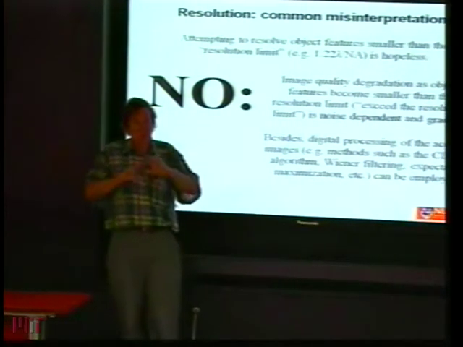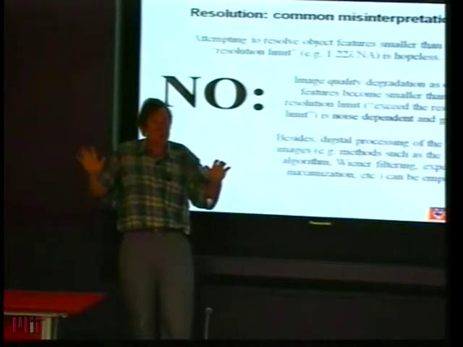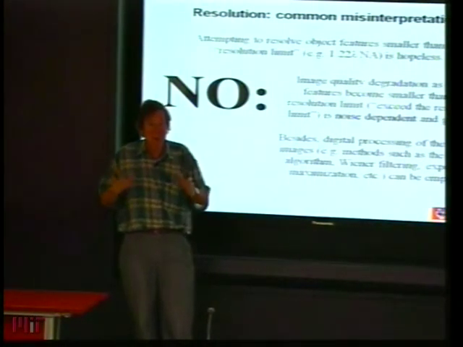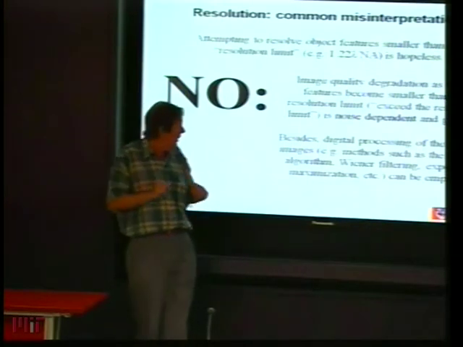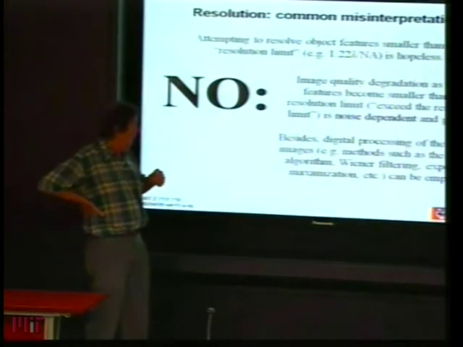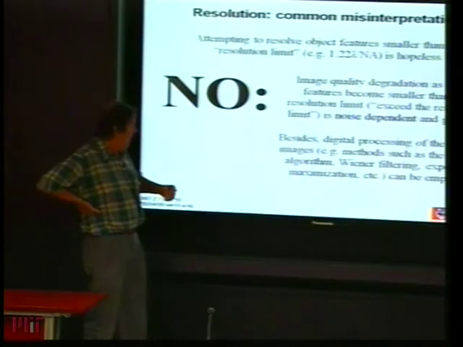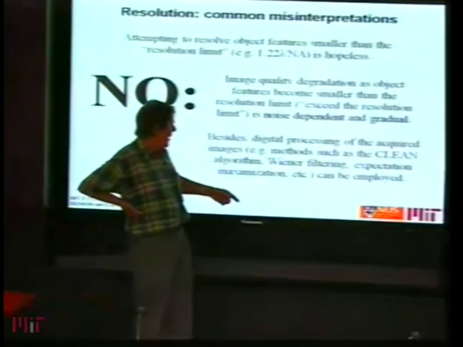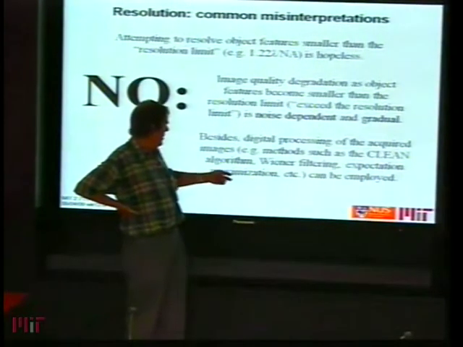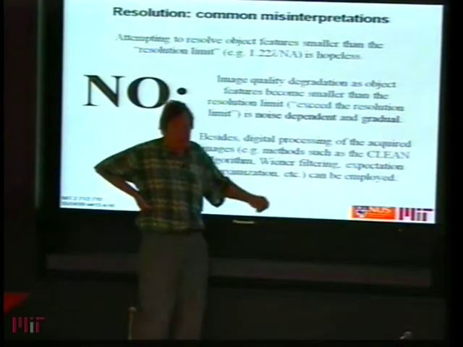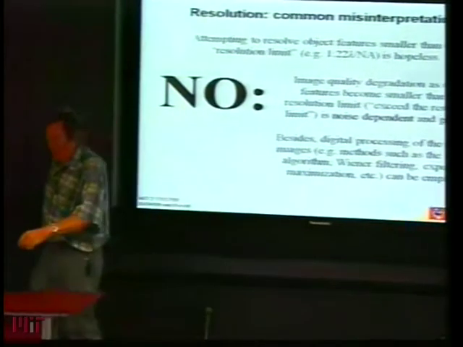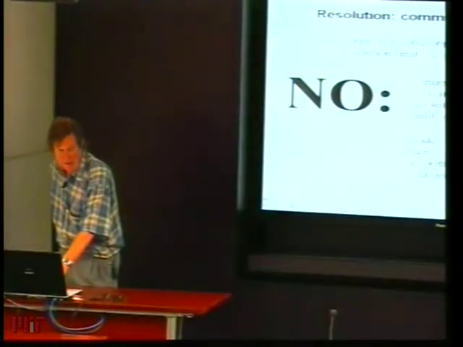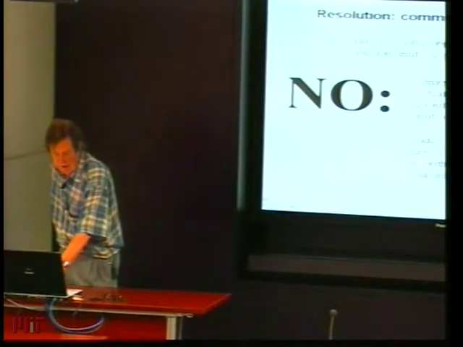So if you looked at a continuous object, like a motor car or something like that, it wouldn't work. It has to only work on point-type images. Then Wiener filtering, we'll say something more about that, expectation maximization, etc. So there are various digital ways you can improve the image and get information out of the image, even if you can't see it by eye.